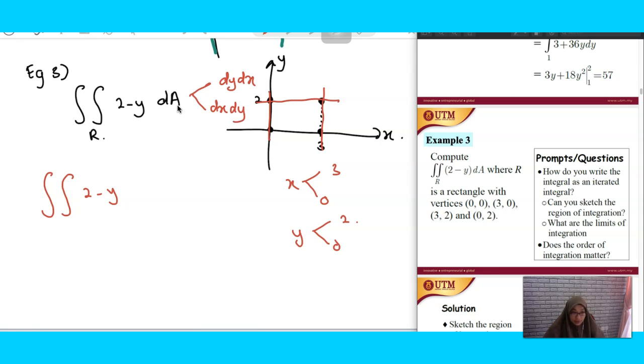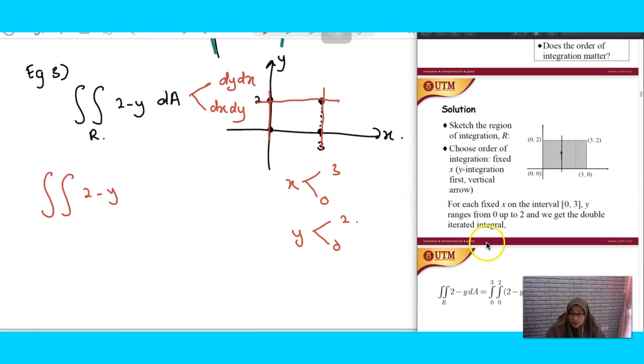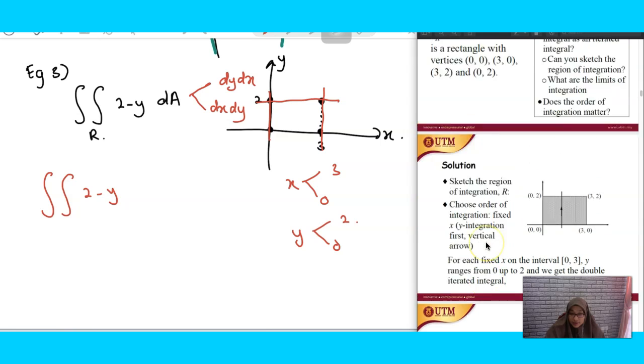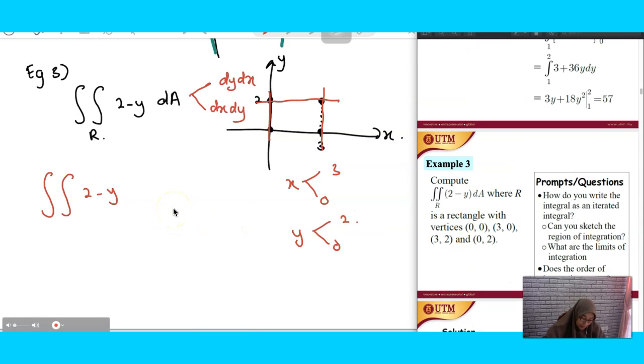So it's up to you. Here, the answer in the notes uses dy dx, but I just want to have dx dy. So dx dy means that you integrate with respect to x first, and the limit of x is 0 to 3.